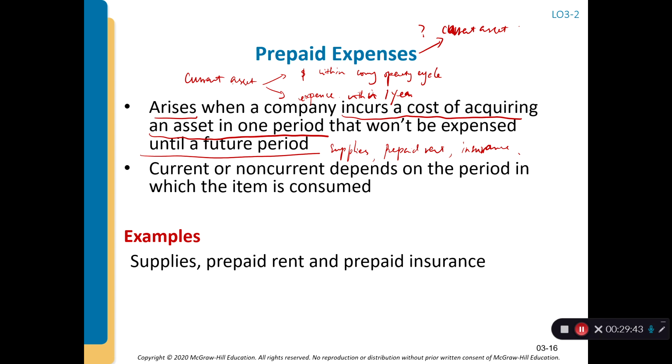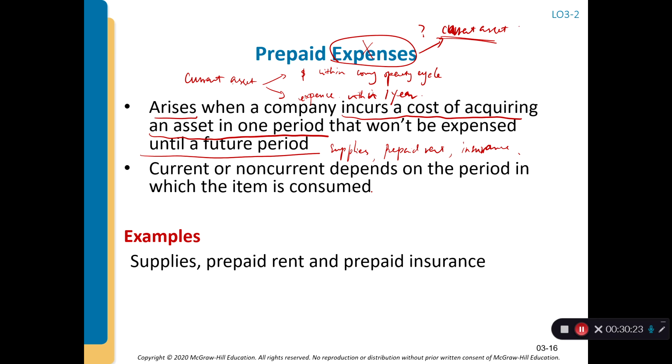So in other words, a prepaid expense, although it's called an expense, is not an expense; it's a current asset, because these assets are going to be consumed in the future, and this future is within 1 year, right? For example, supplies are used, prepaid rents expire over the rental period, and prepaid insurance expires over the period of insurance coverage.